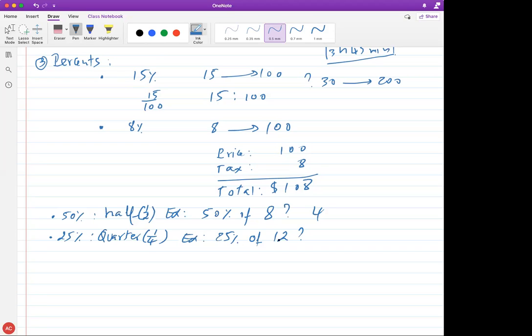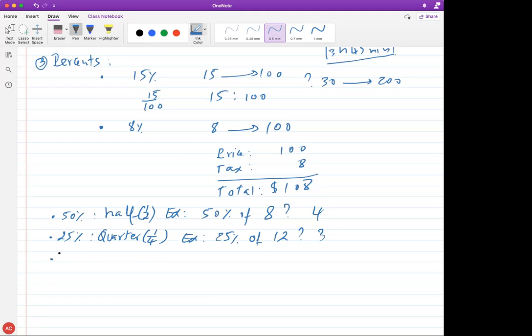So you split this in half and split again in half. What do you get if you split this twice in half? A quarter means half of the half. It will be 3. That's right. That's what we mean by quarter.